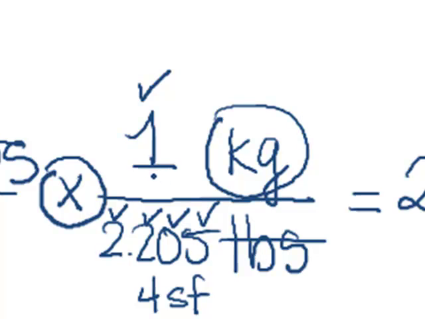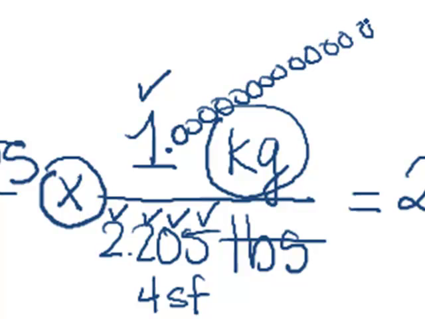Well, we're scientists, so usually we would do conversions as exactly as possible. So in all cases where you see a conversion with a number 1 in it, this really means 1.00000, as many zeros as you feel like writing down. In other words, this is actually infinitely precise.